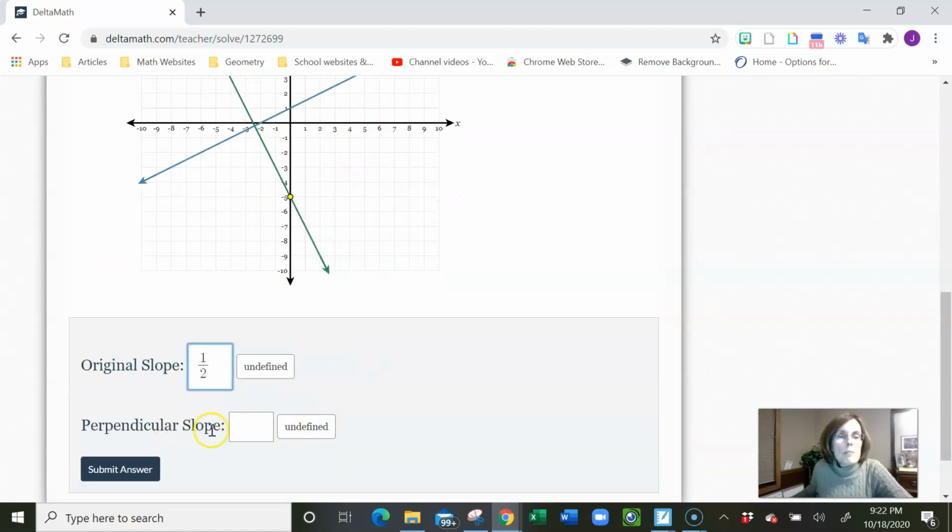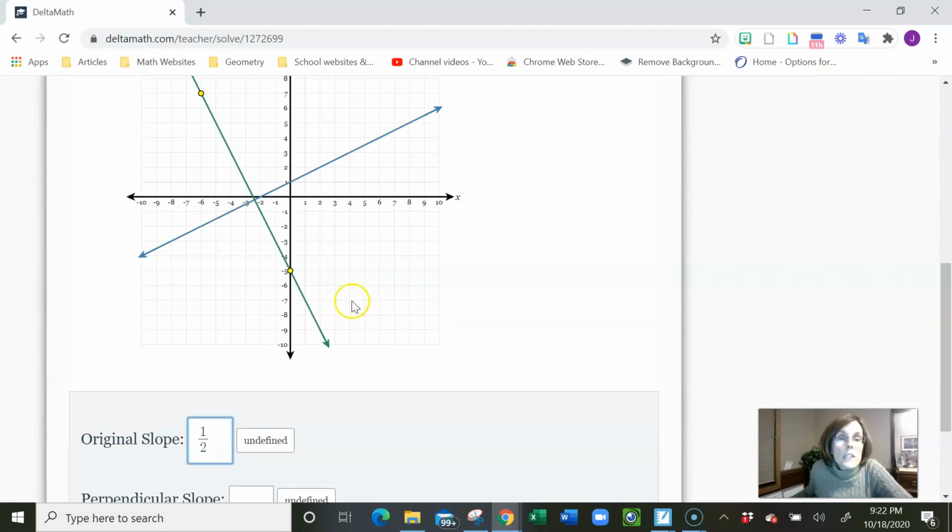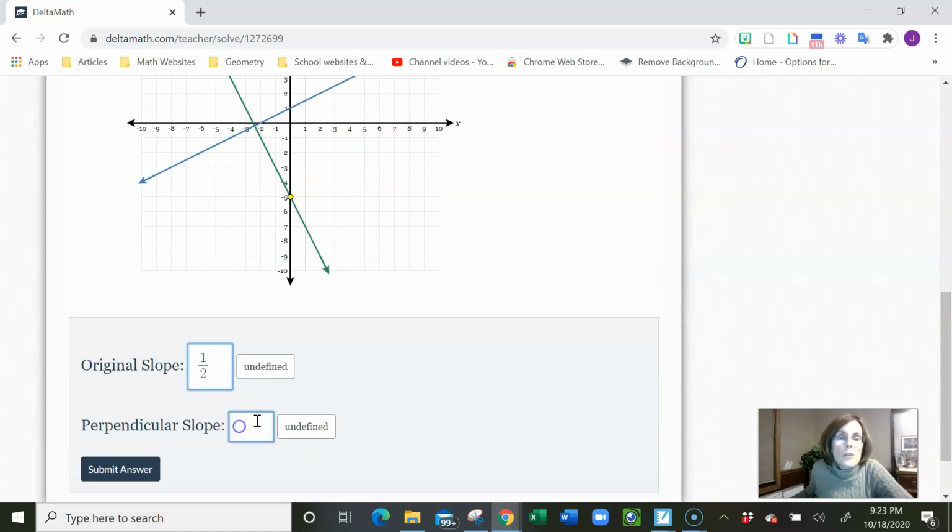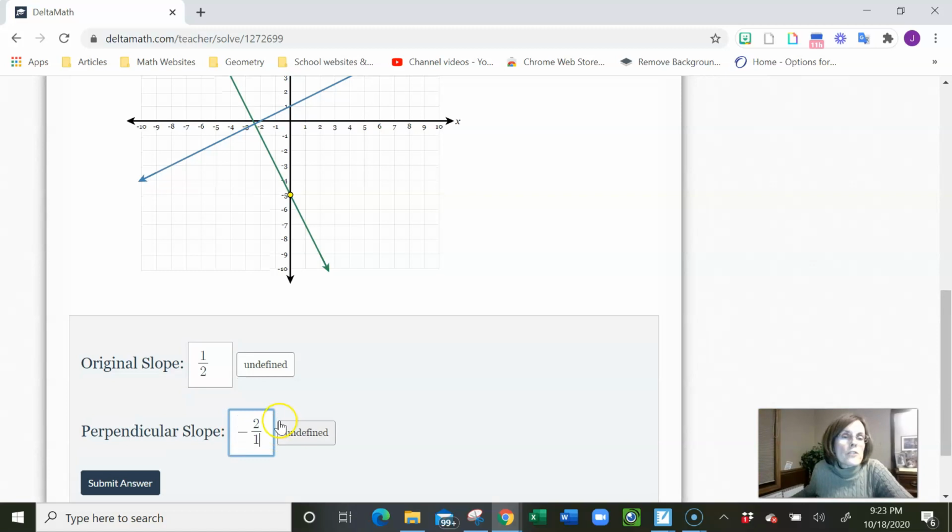What do you think the slope of my perpendicular line should be? Well, let's look. So I could start at this yellow dot, and I could go down and over. I would be going down 2 over 1, which would be a negative 2 over 1, or you could have just put negative 2.